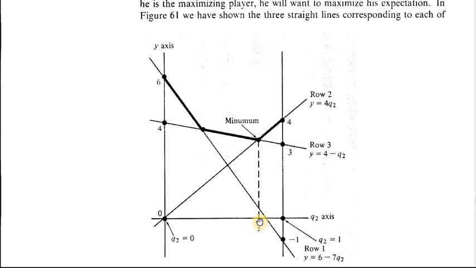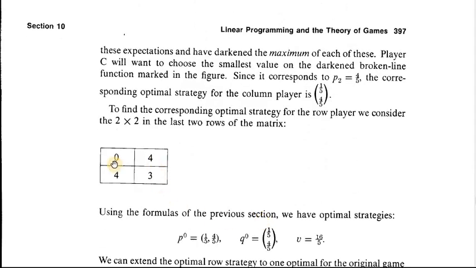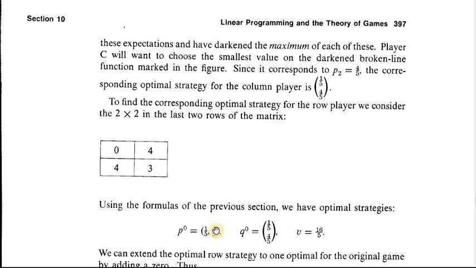Now what about the row player? Well, in this case, for the row player, only row 2 and row 3 figure in the mix. Row 1 doesn't figure in the mix. So we really have 2 rows and 2 columns. We have a 2x2 game that we can solve by the previous formulas and get the row player's strategy as well. Okay.